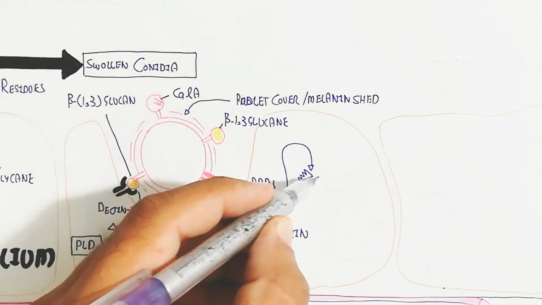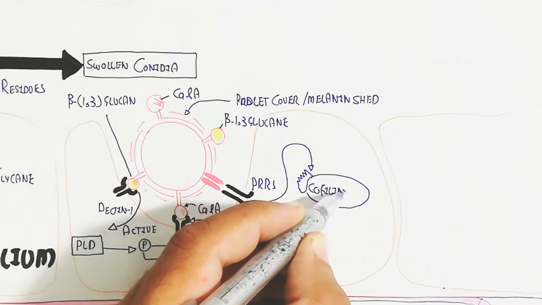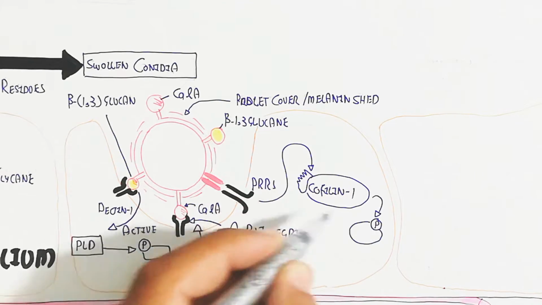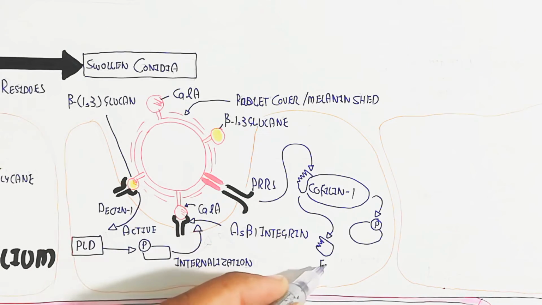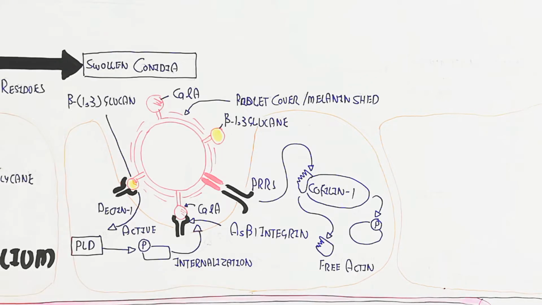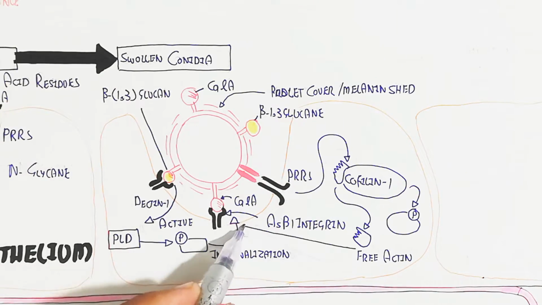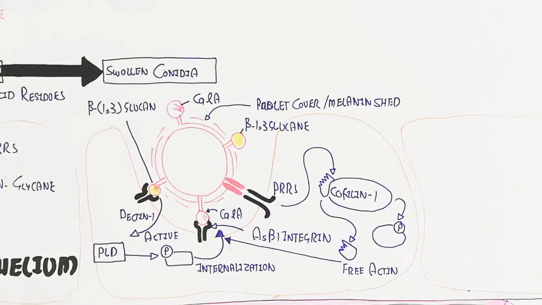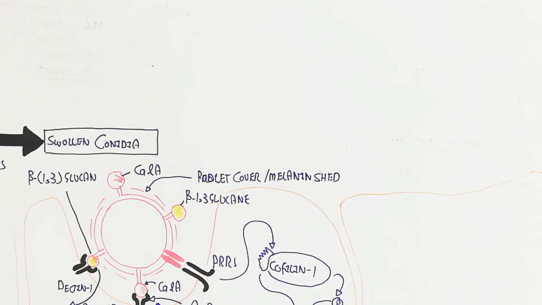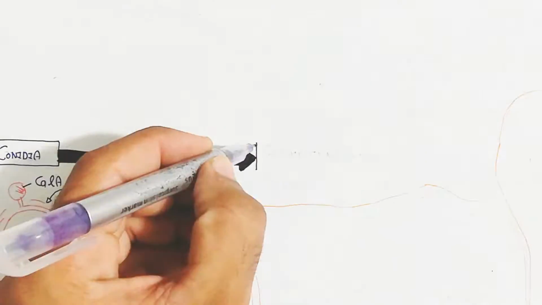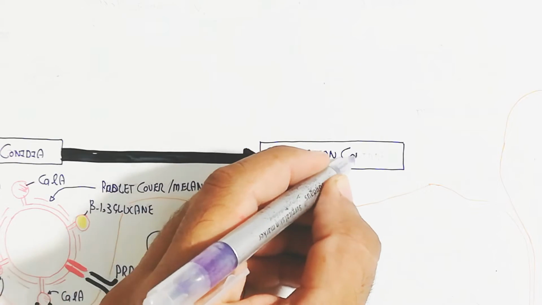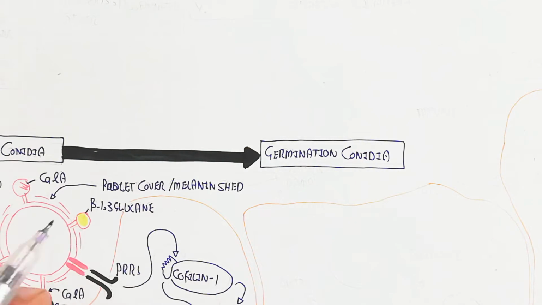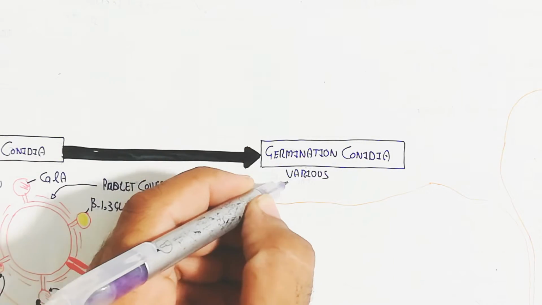The pathogen recognition receptor will activate cofilin 1, which will release free actin, and this actin is used for the internalization of this spore. After this, germination of conidia will occur by the invasion.